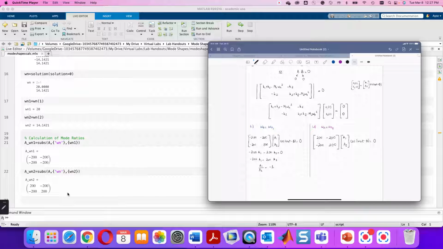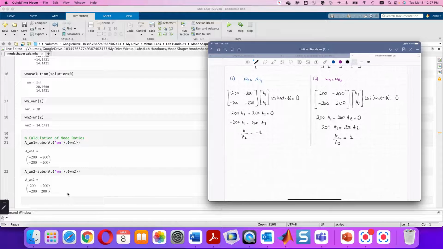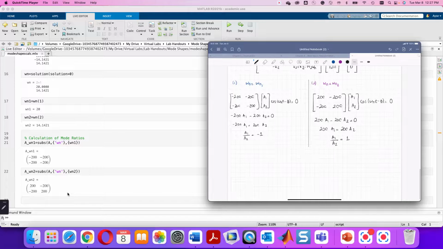My equation from here should be 200 times a1 minus 200 times a2 equal to 0, and then 200 times a1 should be equal to 200 times a2, so my second mode ratio will be just equal to positive 1. Remember, on purpose, I created a symmetrical system.